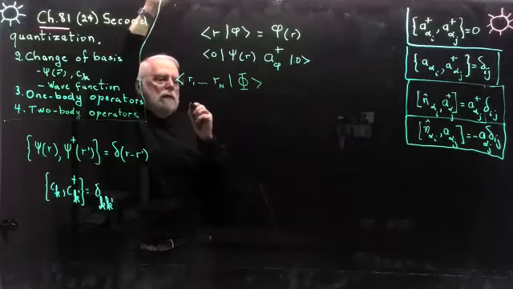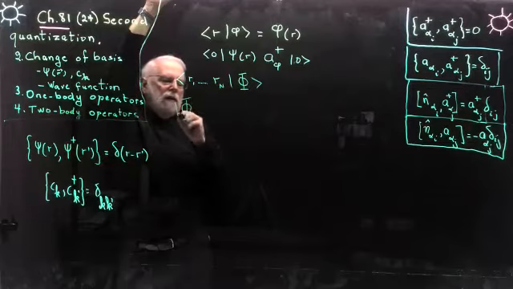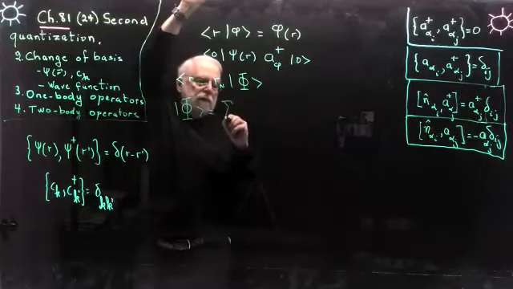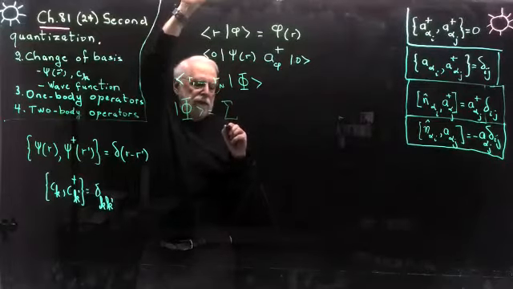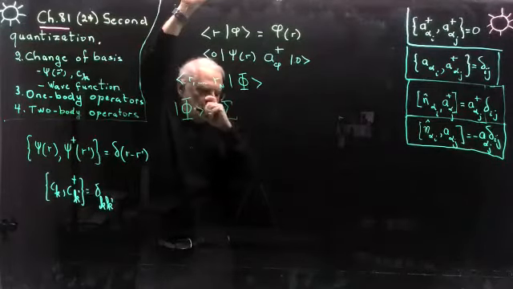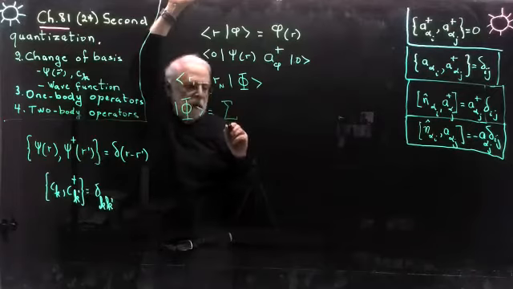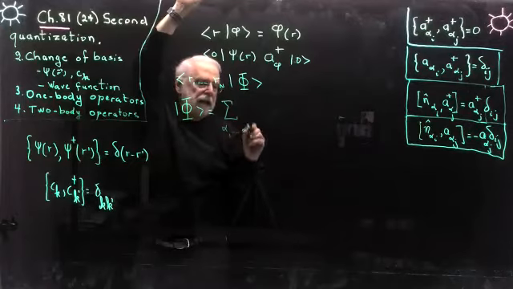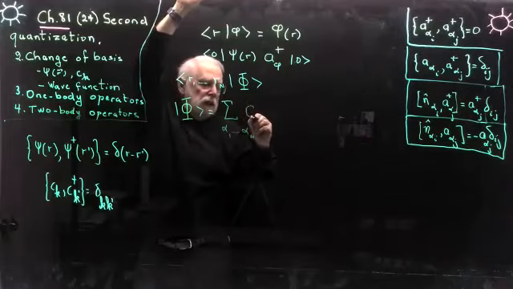Phi in general is a sum over alpha 1 up to alpha n, if I have n particles, of some coefficient.